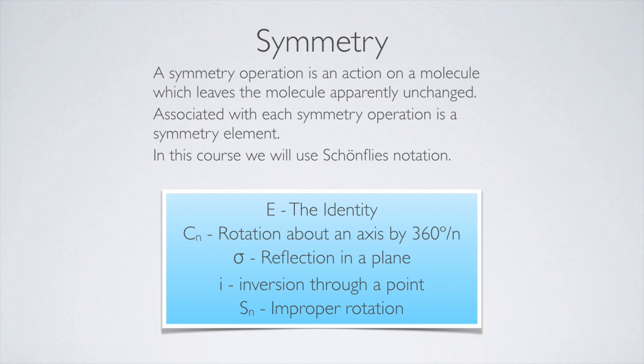Reflection in a plane is also possible, and that's denoted sigma. Inversion through a point, that is taking any atom, moving it through the center of the molecule to a position opposite, leaving it apparently unchanged, is called an inversion. And finally, we have an improper axis of rotation, which we will explain in more detail shortly.